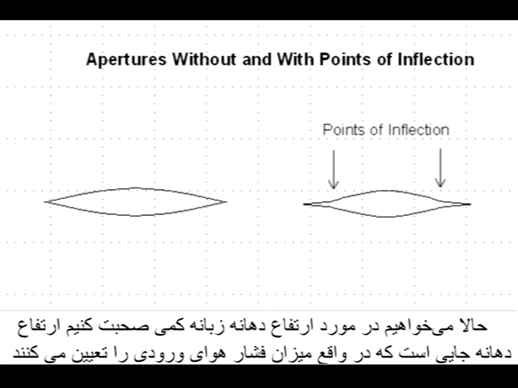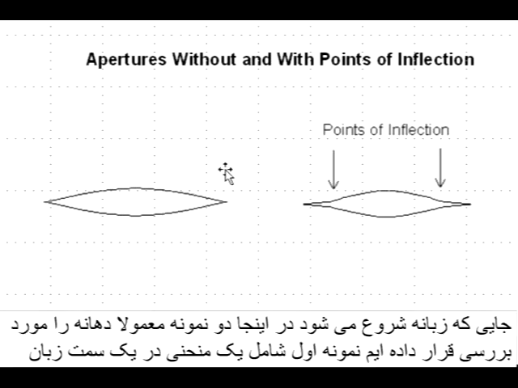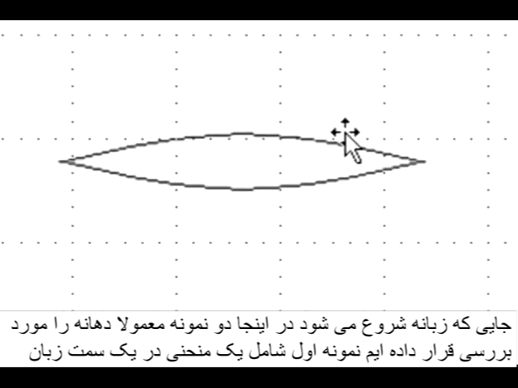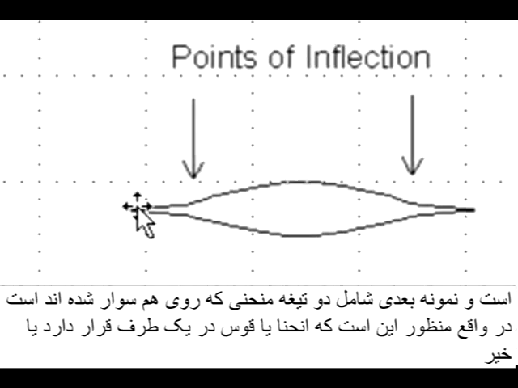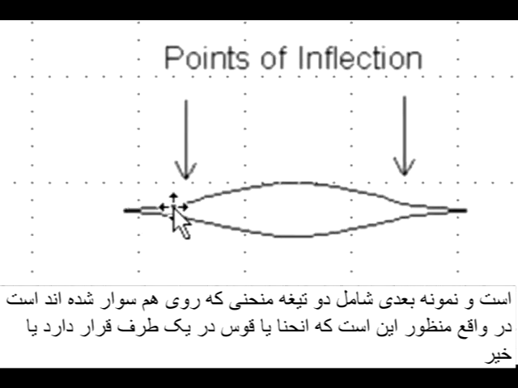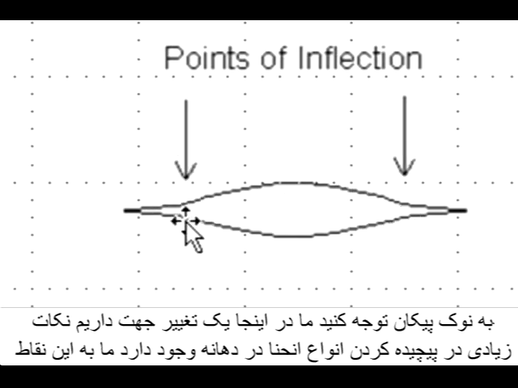Now we're going to talk a little bit about the aperture of the reed. The aperture is what you see when you look at the tip of the reed, or the opening of the reed. And here we have two different types of apertures. We have one aperture that basically is a single curve, and then we have another aperture where we have a curve that reverses direction. See right where the arrows point?